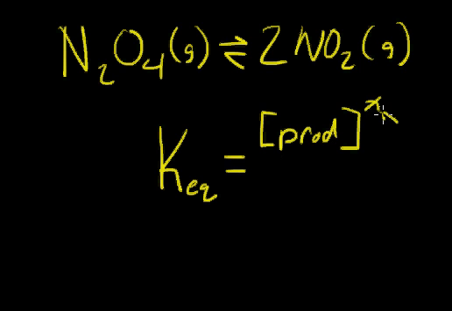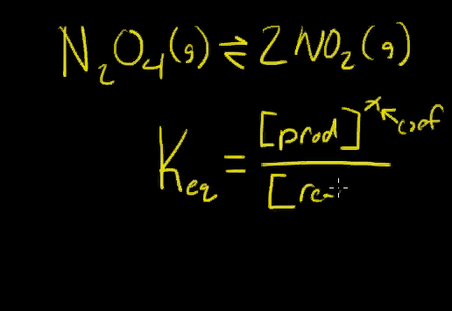And this exponent is just the coefficient of the products, divided by the concentration, and these brackets mean concentration, of the reactants raised to their exponent, which I'll give the symbol y. And that's just the coefficient of the reactants. So in this particular reaction, 2 would be the exponent for the products, and 1 would be the exponent for the reactant.